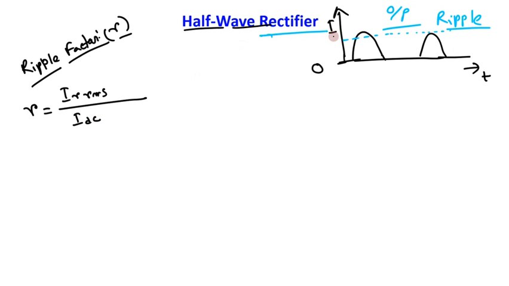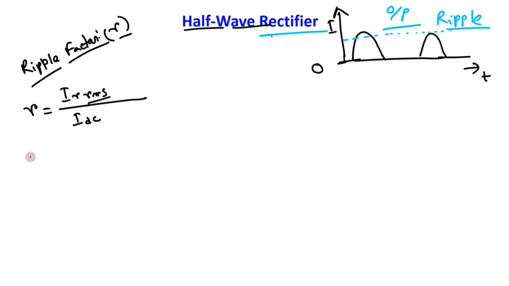So it is I, current. So what is I_r RMS? I_r is the ripple current, the RMS value of ripple current. I_DC you already know, we have already calculated the value of I_DC. So basically r is the ratio of the RMS value of ripple to the DC value.